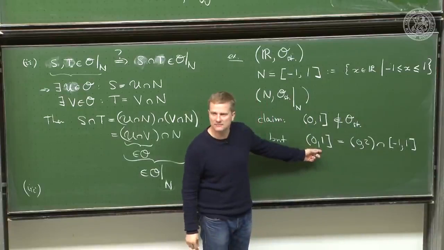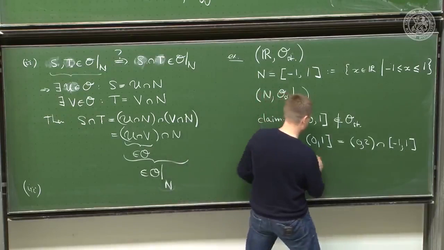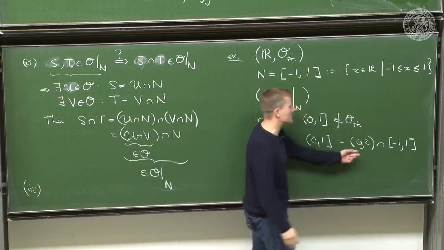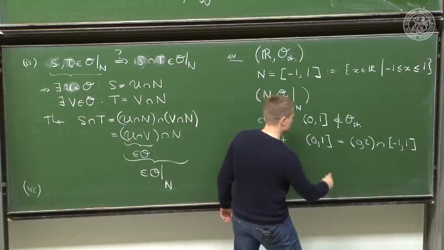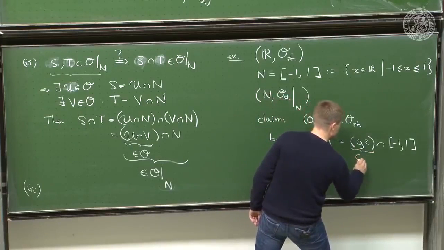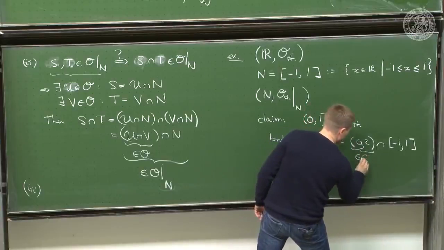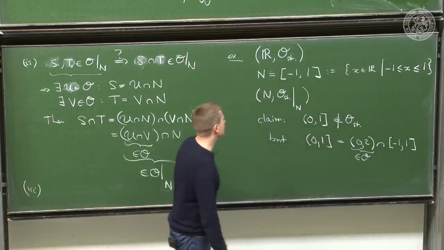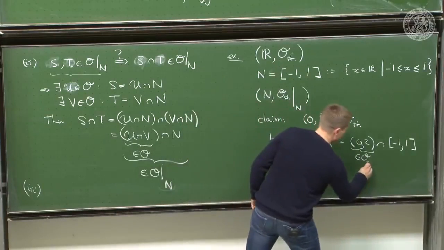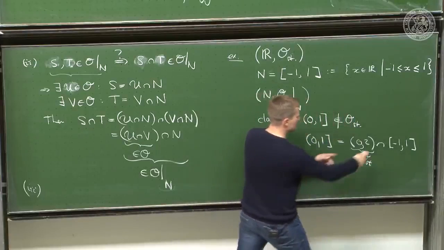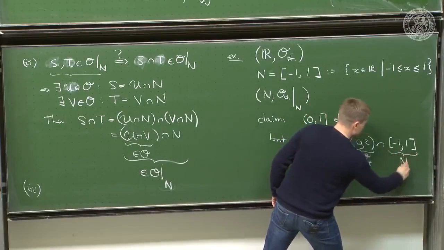You agree on that? So 0, 2 is an open ball, open in the standard topology on R, intersected with this set N.